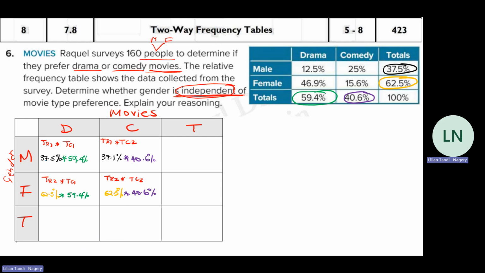So when I multiply these two numbers, I should get 22.3%, and then I should get 15.2%. Then here I got 37.1%, and then here I got 25.4%.